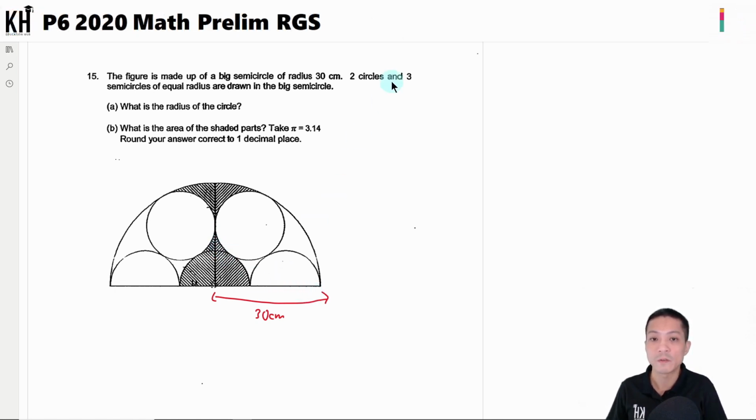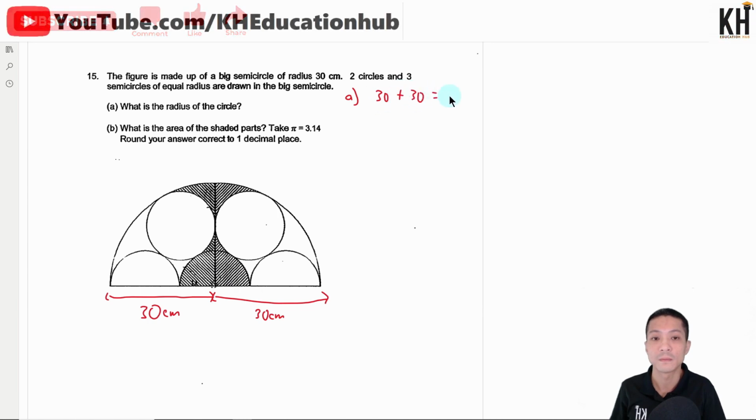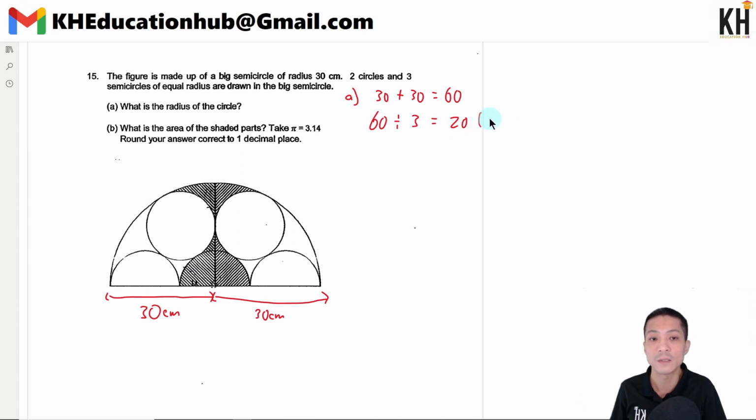So I'm going to solve part A first. For part A, I want to find the total from here to here, right? 30 plus 30 equals 60. There are 3 semicircles, so 60 divided by 3 will be 20. 20 is the diameter of the small semicircle, as we're going to call it.